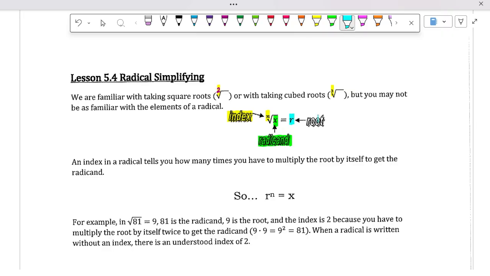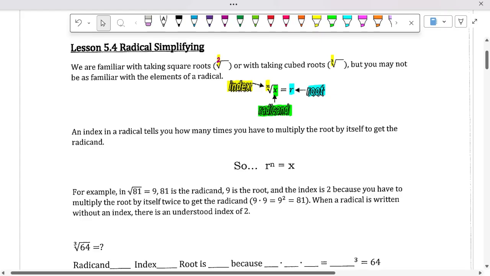And then the root is the value that you get when you evaluate the radical. So, for example, let's say I had the square root of 4. The index would be 2 because it's a square root. 4 would be the radicand because that's what's under the radical. The root would be 2 because that's what the square root of 4 is.